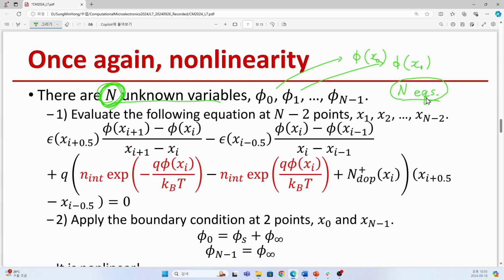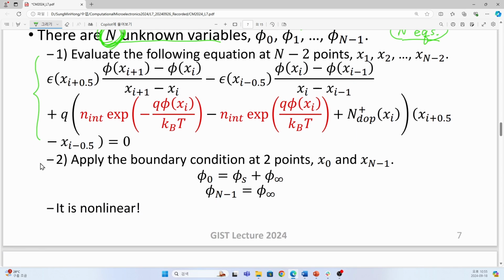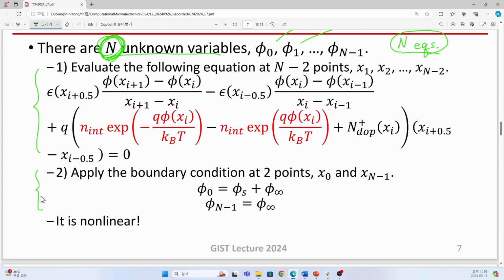Then how can we generate n equations? We have two methods.